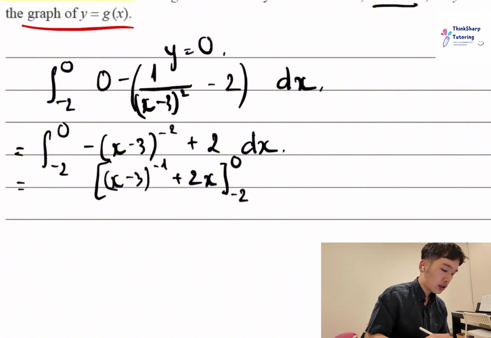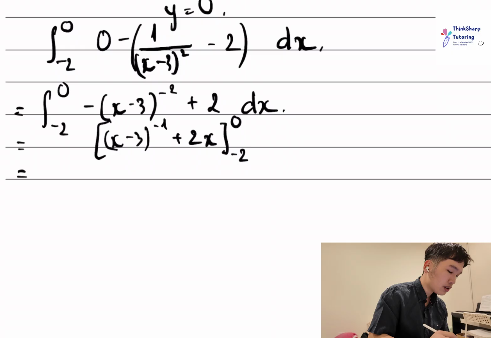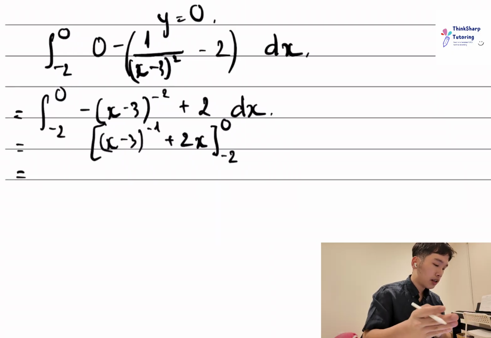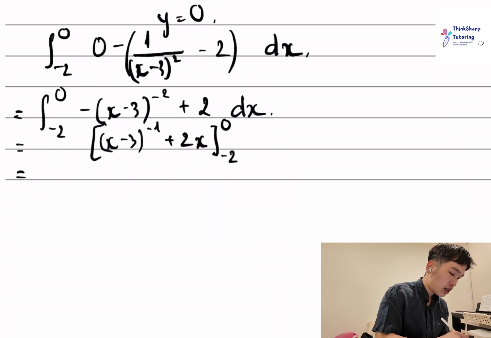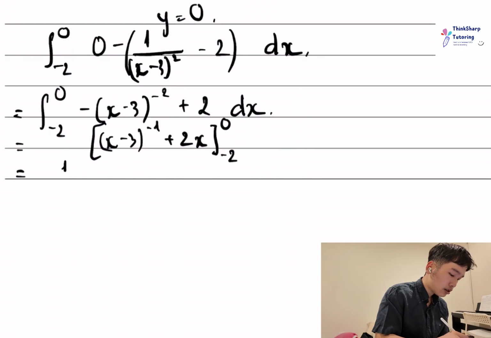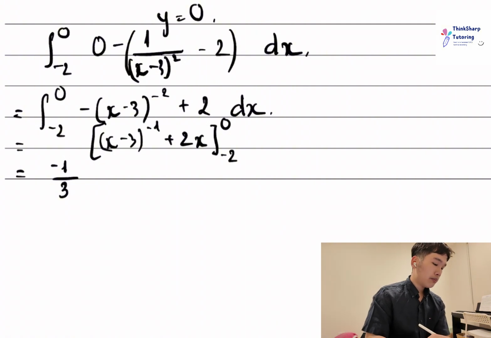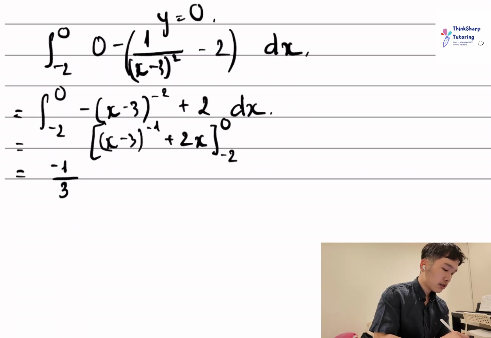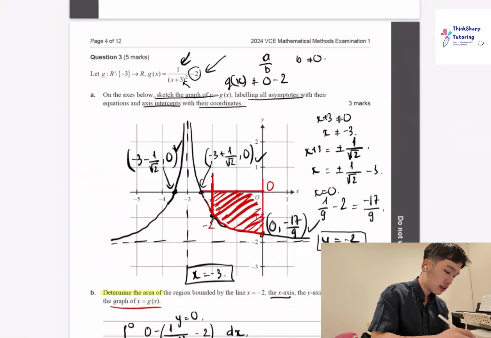Then we want to sub in 0 and negative 2, and it is something minus something, right? So sub in 0, that would be 1 over negative 3, because 0 minus 3 is negative 3, and that's 1 over 3 because it's to the power of negative 1, plus 2x, which is plus 0. Then minus, we want to sub in negative 2 to this. Oh wait, sorry, this is x plus 3. Sorry, I was doing it wrong.